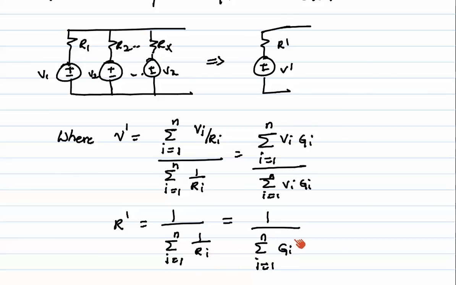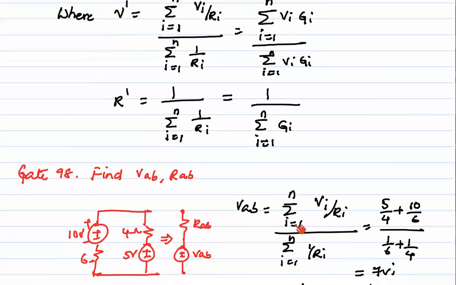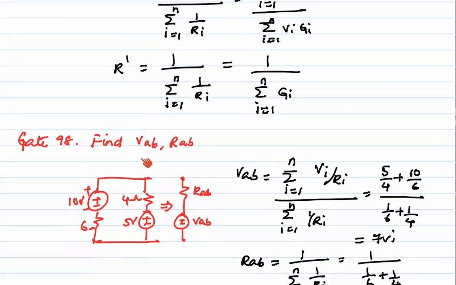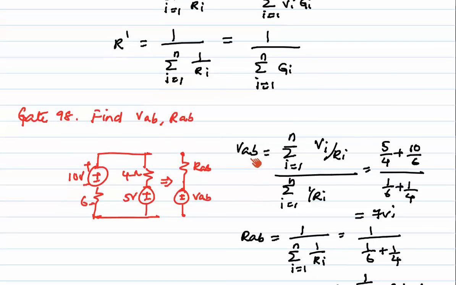In order to understand the concept of this theorem, let's take a problem which was asked in GATE 98. Find VAB and RAB. This is a network which can be represented like this. From the above formulas, VAB is equal to sigma i equal to 1 Vi by Ri divided by sigma 1 by Ri. Remember this, friends.